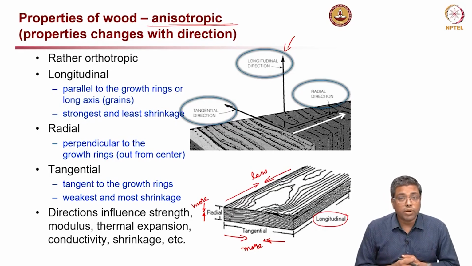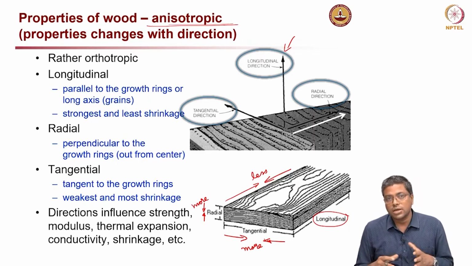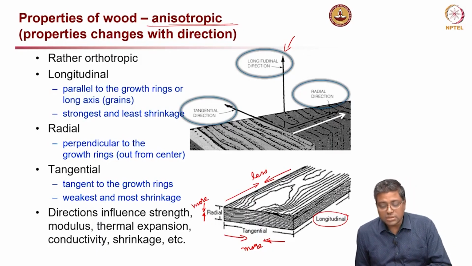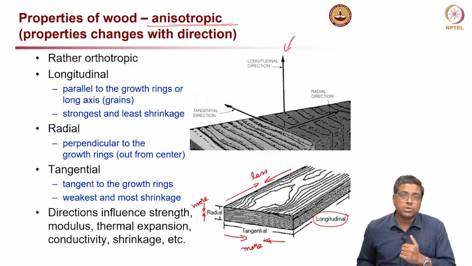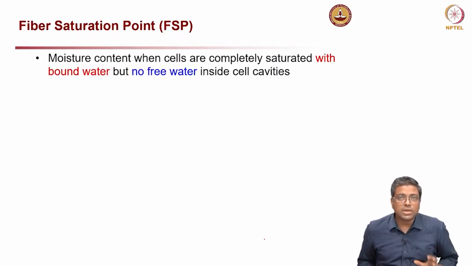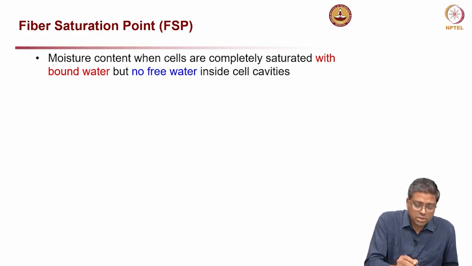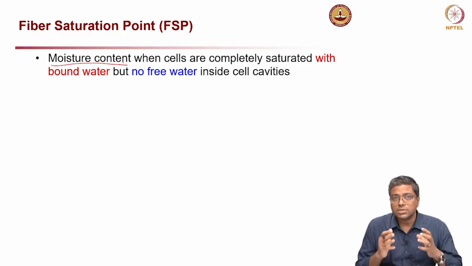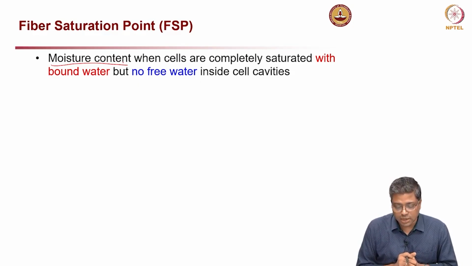So, direction influences the strength, the modulus, the thermal expansion, conductivity, shrinkage. All these properties are very much different in these three directions of a timber, especially between the longitudinal and the other two directions. Now, there is something called fiber saturation point. What is that? This is the moisture content when cells are completely saturated with bound water, the water which is chemically bound, but there is no free water inside the cell cavities.